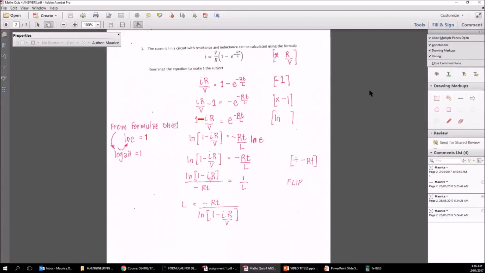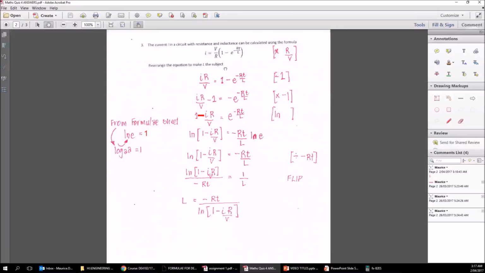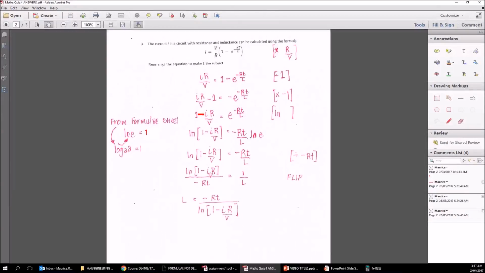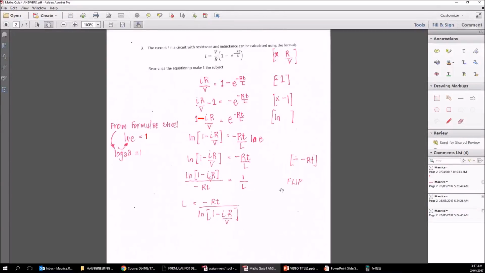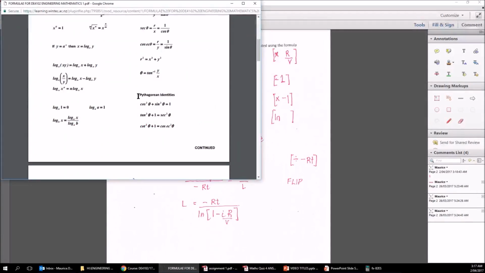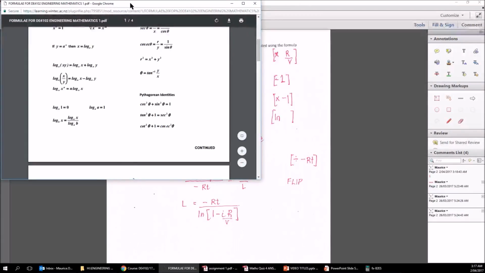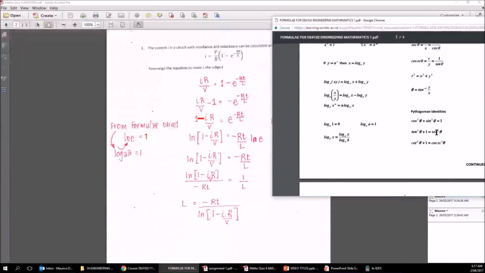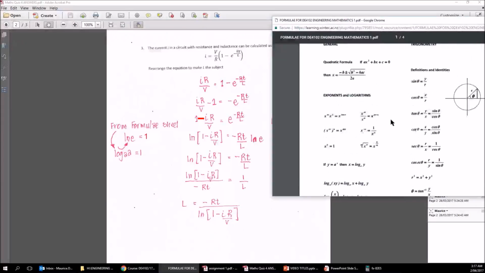Some people have little bits of information that they write down as soon as they get inside the exam, like my little pattern with the logs, and they write that as soon as they're able. Anyhow, here we go, just some little information from the formula sheet. I'm going to drag up the formula sheet, and we can see some of the log information.